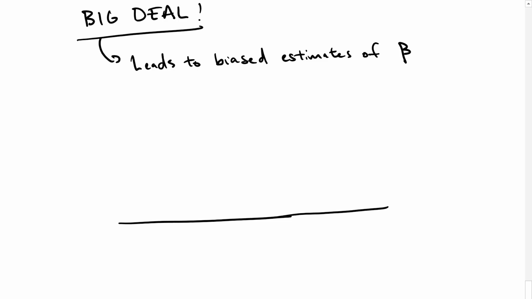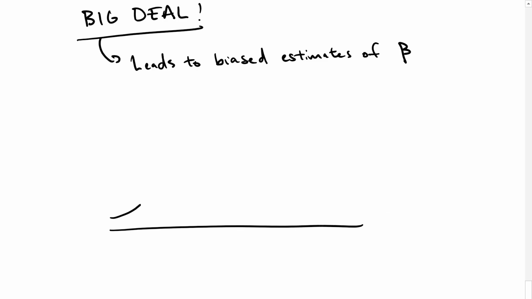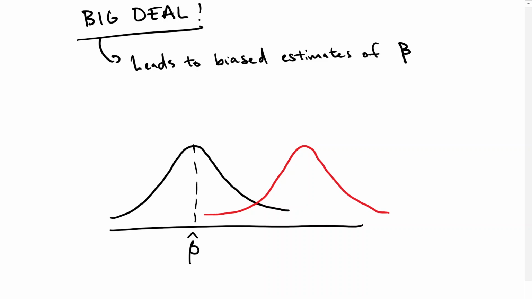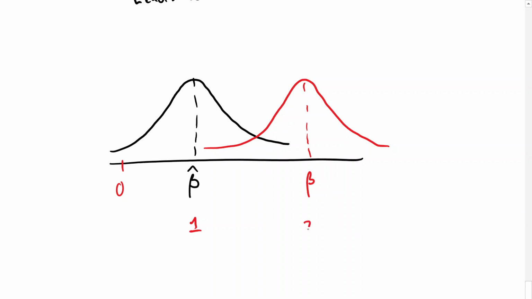And so what that's going to look like here is, if we think we have some relationship and we think that beta is here, that's our estimate of beta, well, it could be that the true underlying distribution of beta is here. Maybe this here is 0, and this is 1, and this is 2.